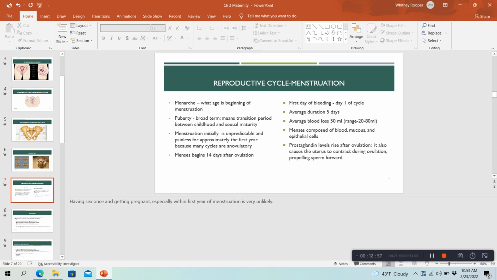Average duration of menses is about 5 days in most females. Average blood loss, believe it or not, and I'm sure a lot of females will disagree with me, ranges from 20 to 80 ml in total. Women probably say, oh no, that is not true, but that's the normal. Menses is composed of blood, mucus, and epithelial cells.